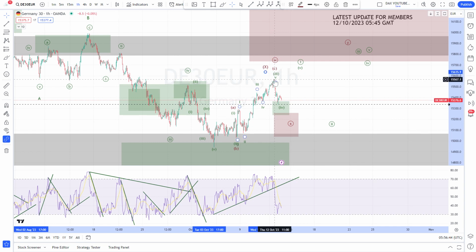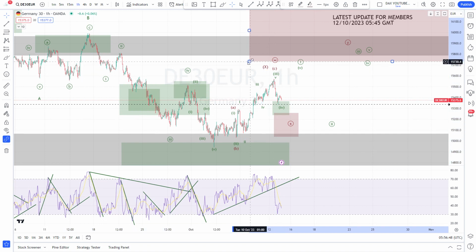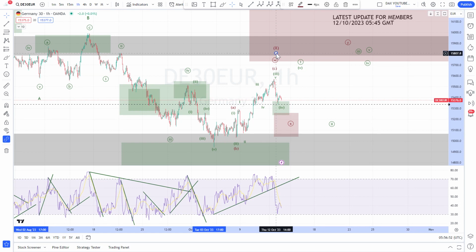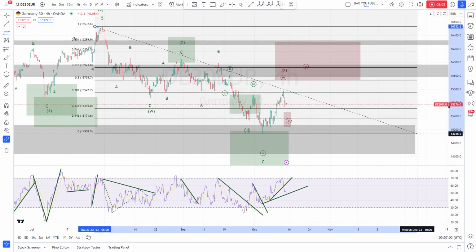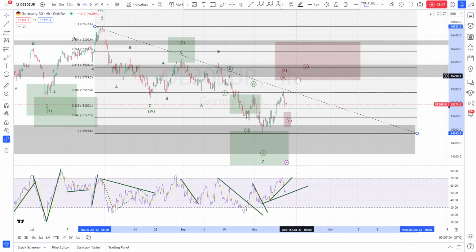Then that would mean that we have a shallow wave X and that we did not reach the wave X area. The wave X area we can find by taking the length of our wave W, and then the wave X area is the area between the 0.5 and the 0.854 Fib retracement.